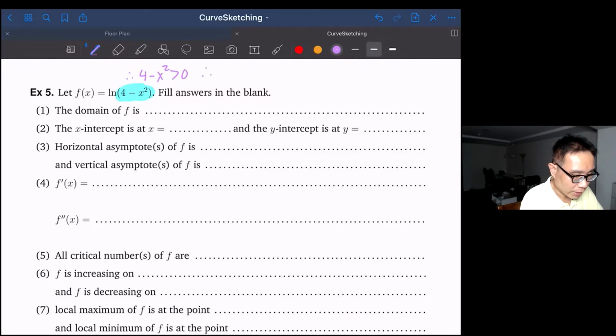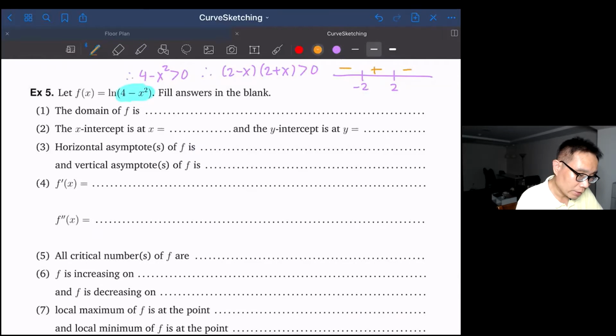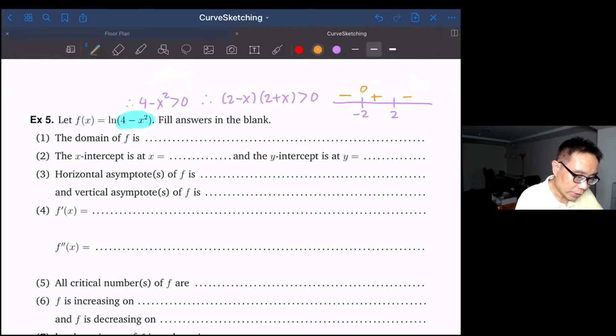So you have 2 minus x times 2 plus x positive, and you do the sign test. So x equal to negative 2 and x equal to 2, and you see it's negative, positive, and negative. So the solution lies between negative 2 and 2. In this case the domain is negative 2 to 2, a very small domain.